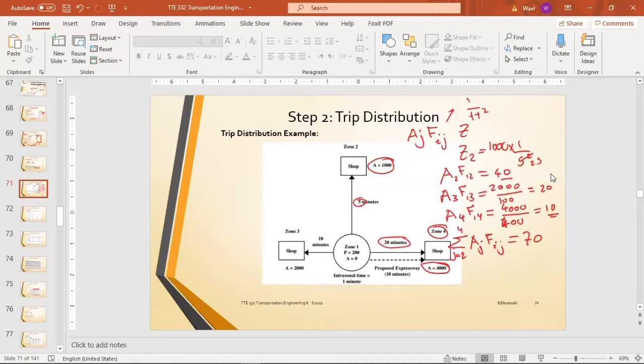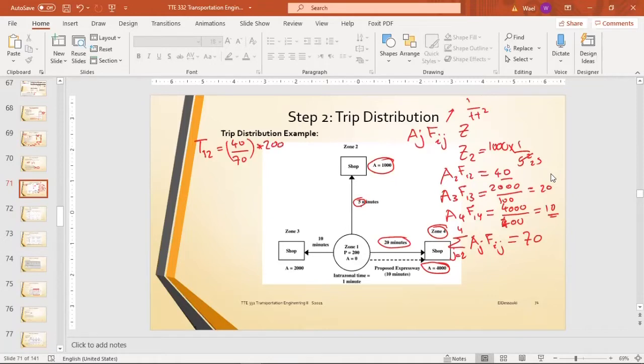So the trips from 1 to 2 equals, the numerator will be 40 divided by 70 multiplied by the total production, which is 200.